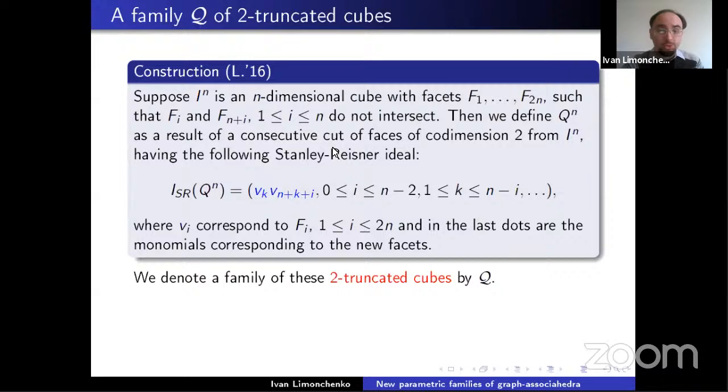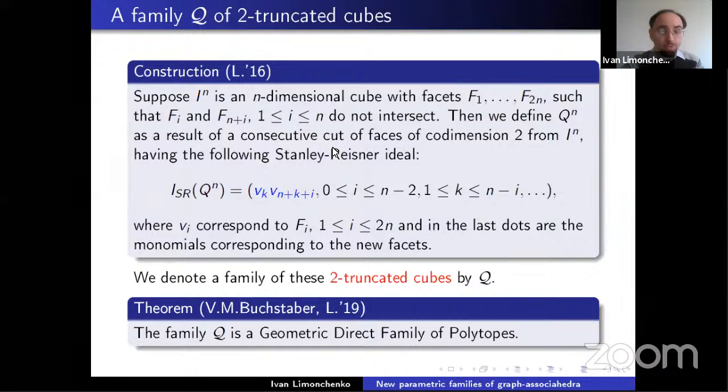You start with an n-dimensional cube, and you cut off faces of codimension 2 only, in such a way that the Stanley-Reisner ideal can be shown as follows: v_k, v_{n+k+1}, and some other monomials corresponding to the new face cuts. I will show in the next slide the three-dimensional member of this family, Q3. We denote this family of two truncated cubes by Q.